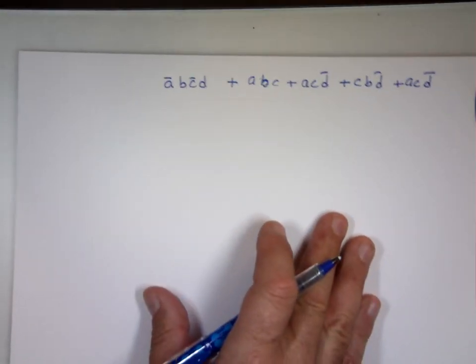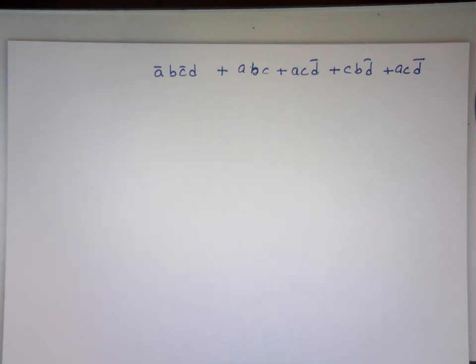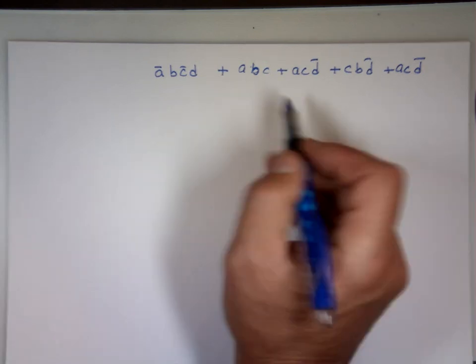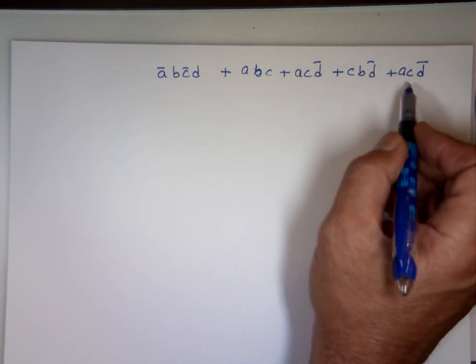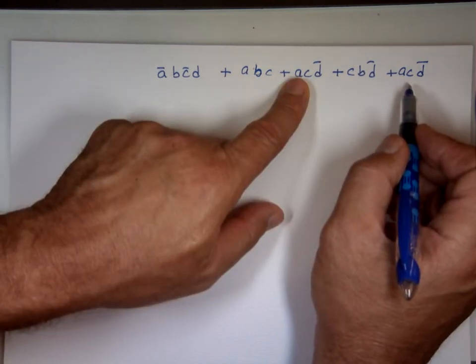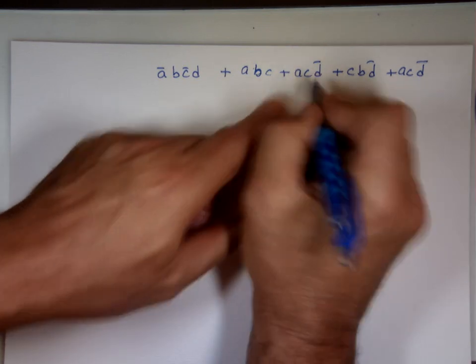ACD bar, there's two of that. A, C, D bar. Which one? This one? And the last one, and which one? The middle one. This one? Oh yes, that's the same thing, isn't it? So we can drop one of them out.